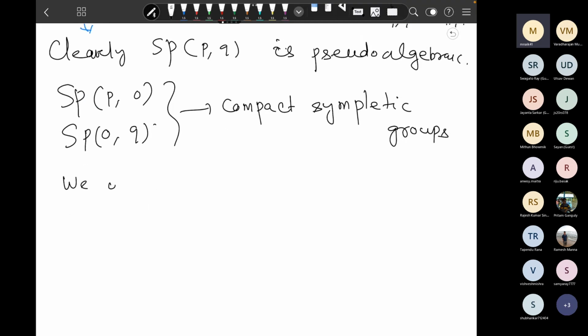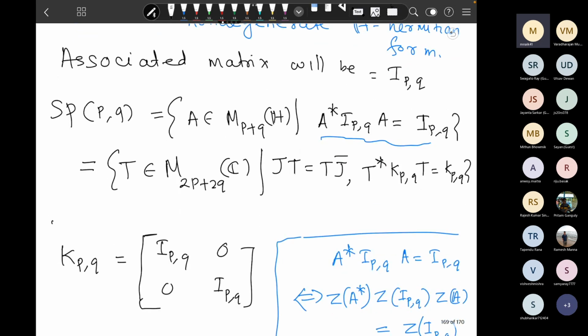We will assume P greater than or equal to 1 and Q greater than or equal to 1 onwards. Now look at this first definition: A belongs to M_{P+Q}(H), so that A star I_{P,Q} A is equal to I_{P,Q}.